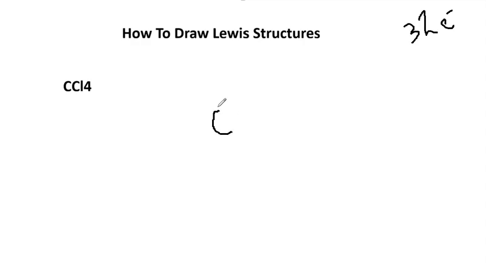So this is the carbon central atom. And these are the chlorine atoms surrounding that central atom. When drawing a Lewis structure model, ensure to put all pairs of electrons around the atoms, including non-bonding pairs and lone pairs.